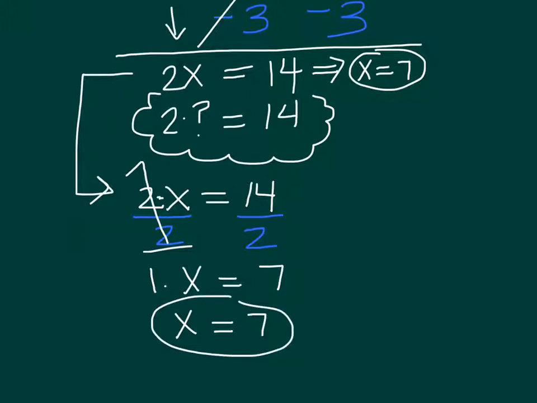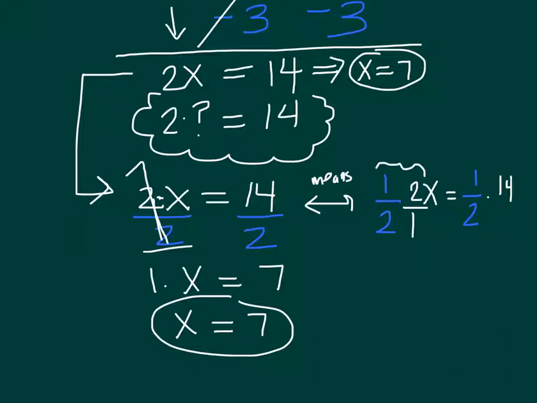This really means I can also write a half of 2x and then a half of 14. Notice I still have a 2 divided by 2 here. These are just reciprocals.